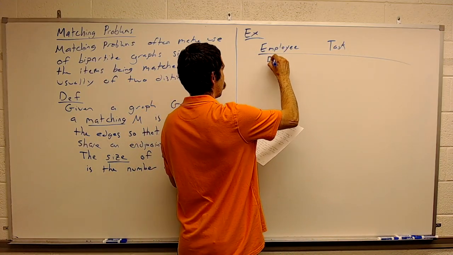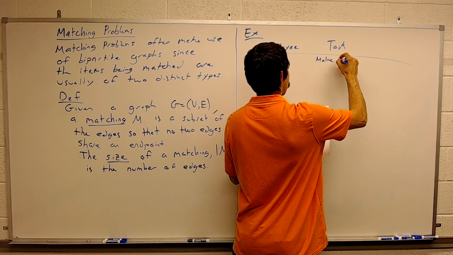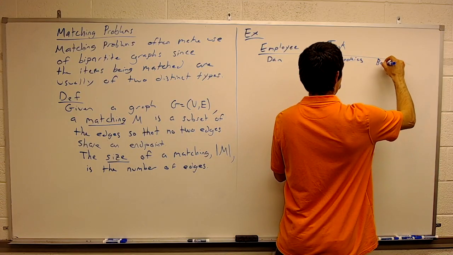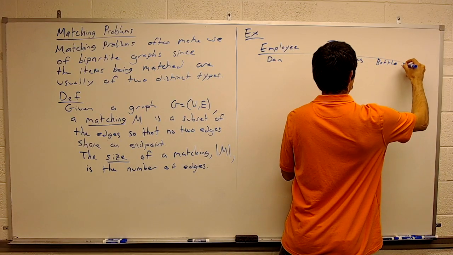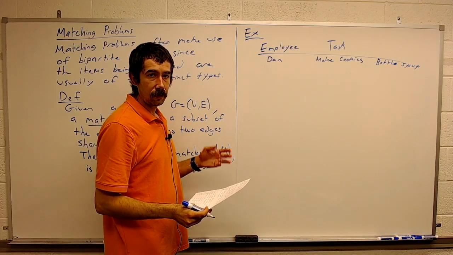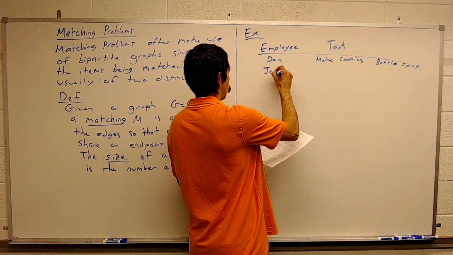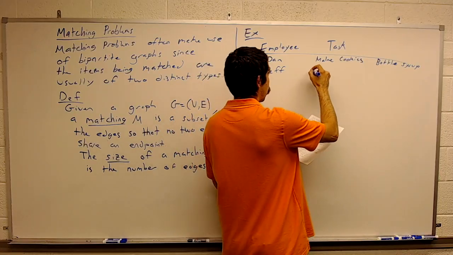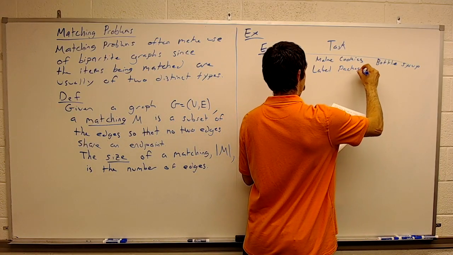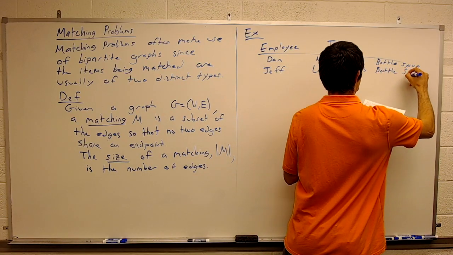Okay, Dan is our first employee. Dan is qualified to make cookies or bottle syrup. All right, so Dan is qualified to do these two tasks. Jeff can label packages, bottle syrup.